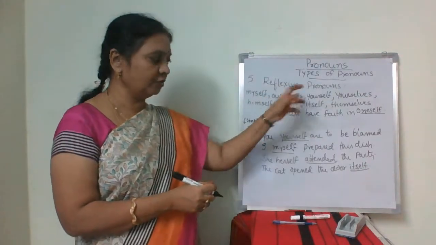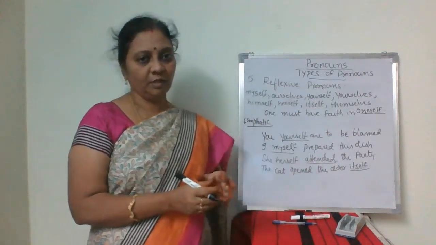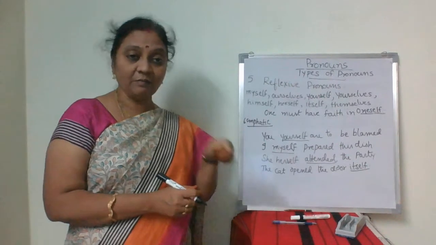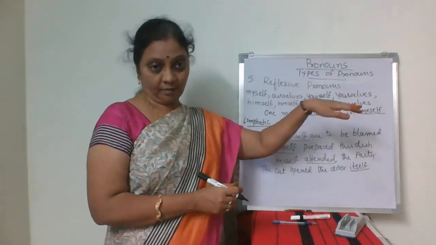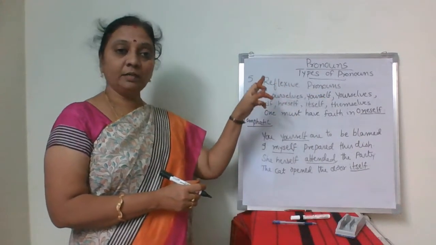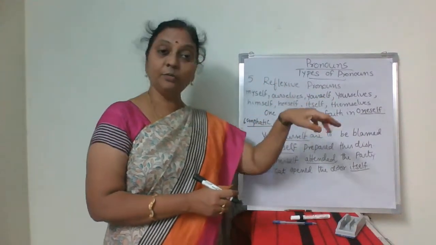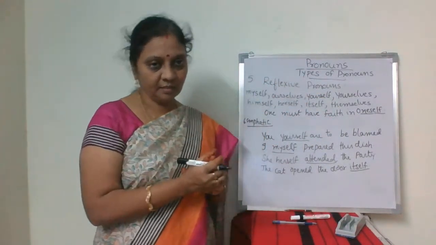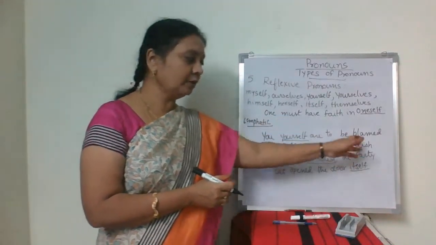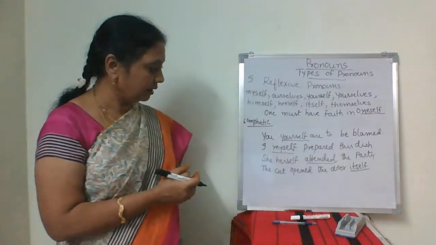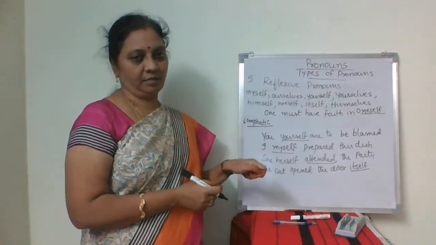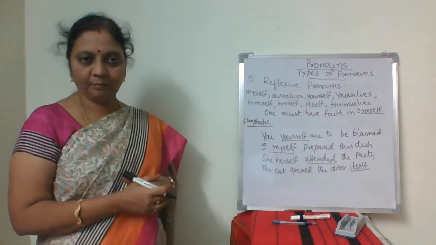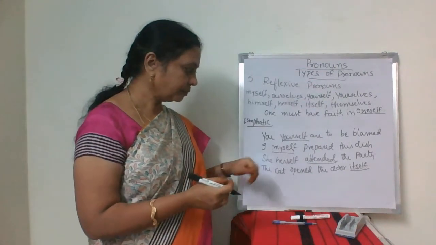The same words we use even in this also, but they stress, they emphasize more. In the previous examples, you observed that these words are used as objects, isn't it? But here we have a separate object. Object is there, but we are emphasizing this. How? If you see the examples, you can understand.